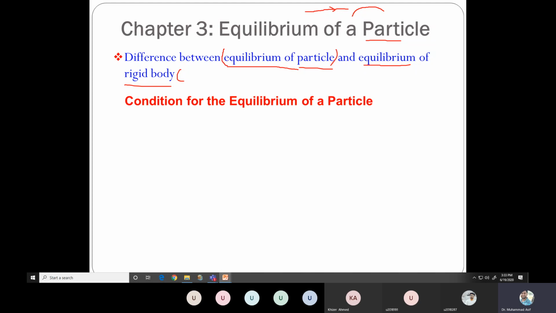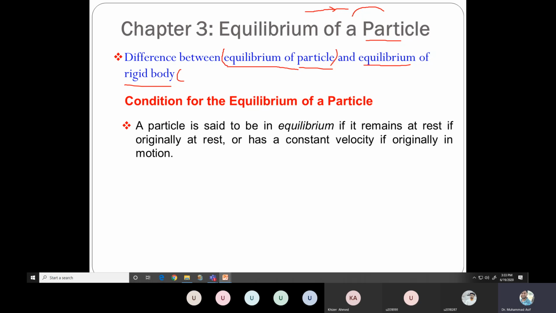So let's define the condition for the equilibrium of a particle. The main condition is that if there is a static body which is not moving, it will remain at rest. That means there is no unbalanced force.